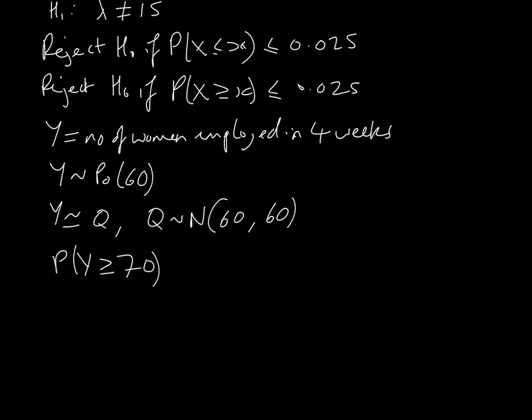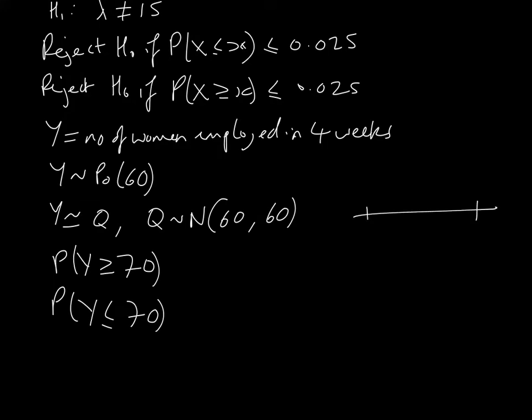We could also find the probability that Y is less than or equal to 70, but because the mean is 60, we would expect less than or equal to 70 to be quite a high number. So there's no point in testing that, because there's no way that that is going to be less than 0.025. As a general rule, when you've got a two-tail hypothesis test, you shouldn't really test both tails, because we know that this is going to be towards the upper tail of the information.